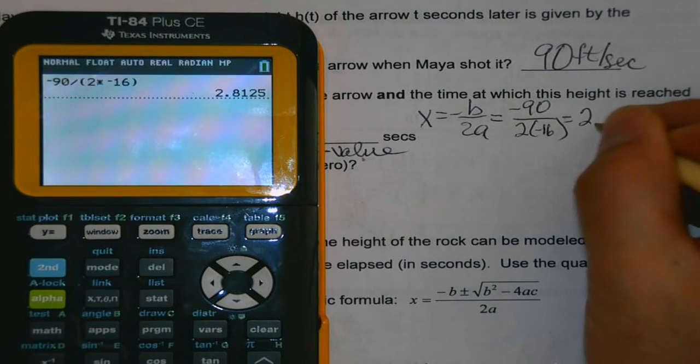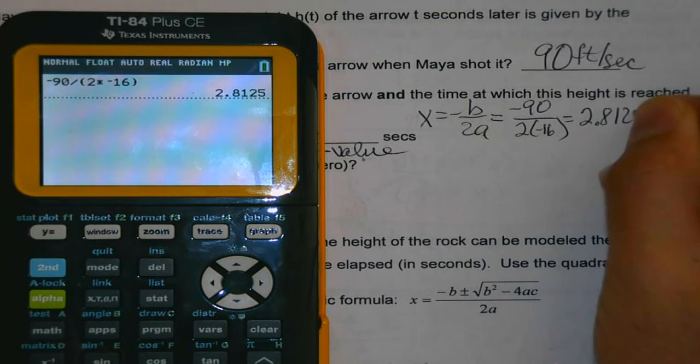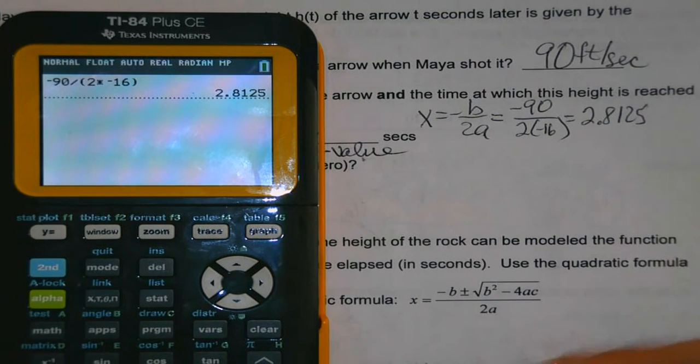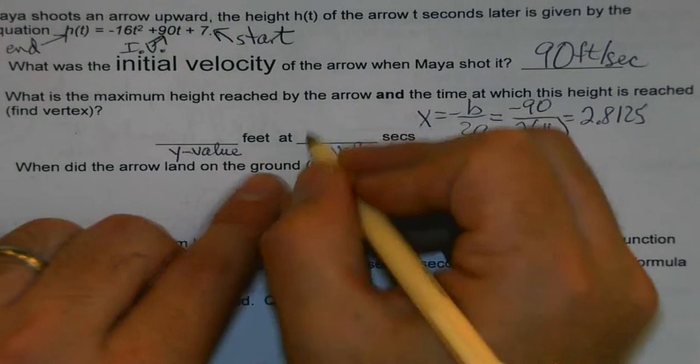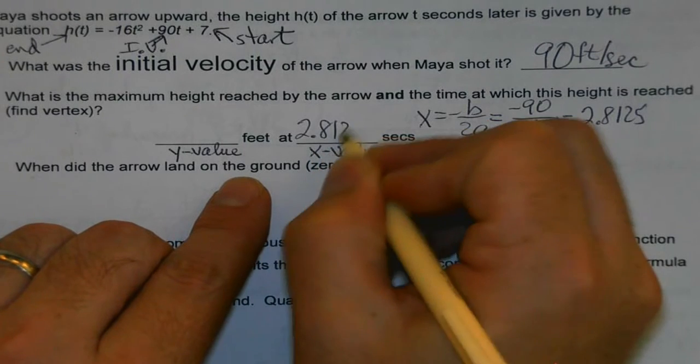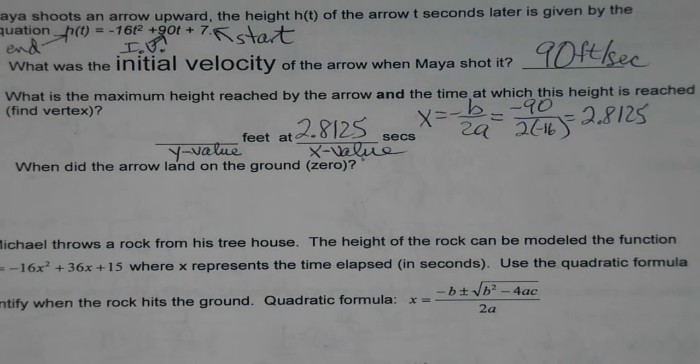So 2.8125. That's my x value. Okay, that's my time. Would it be the worst thing ever if you rounded a little to like 2.8? No, not the worst thing ever. Okay, so then what?